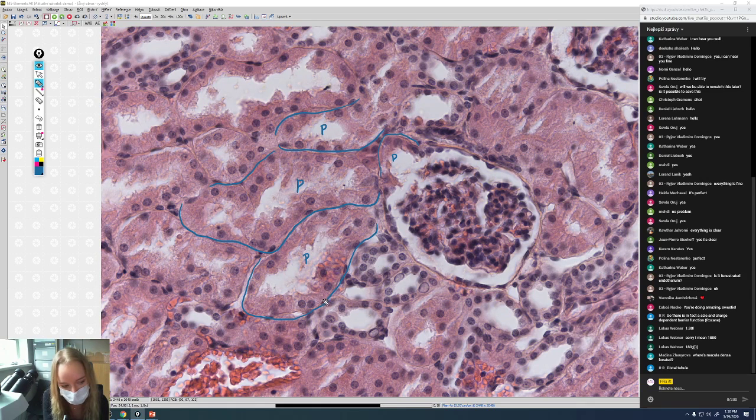There is some blood, but that's just artifact. Don't worry about that. You can see there are some cross sections through the proximal tubule, and this is also a cross section, and there are some longitudinal sections. So this is probably a longitudinal section of the proximal tubule. So these tubules here all are proximal tubules.